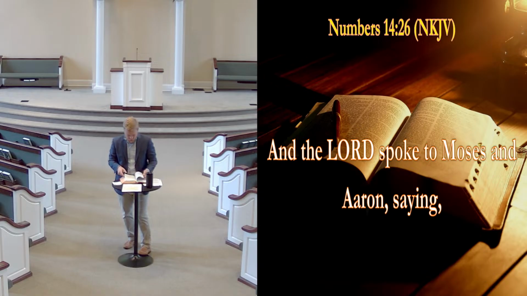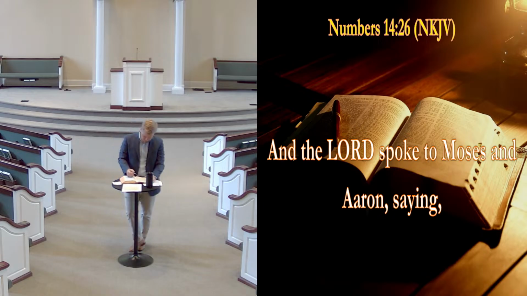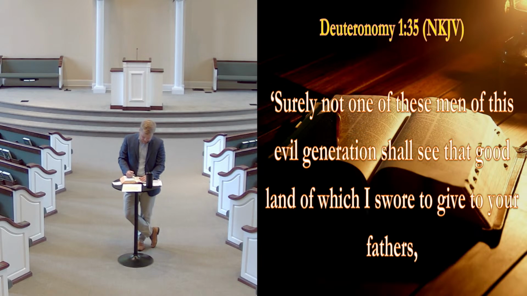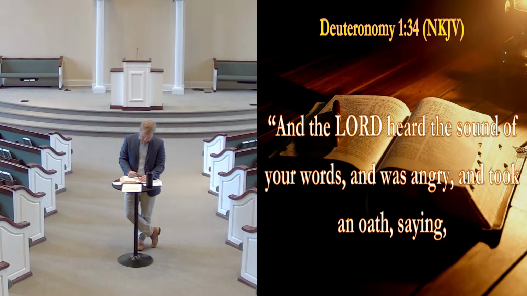But Deuteronomy 1, verse 35, and we'll just read a little bit here. Deuteronomy 1:35. Let's back up to verse 34. Deuteronomy 1:34, and the Lord heard the sound of your words and was angry.